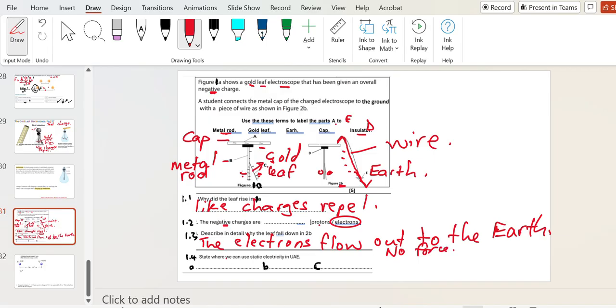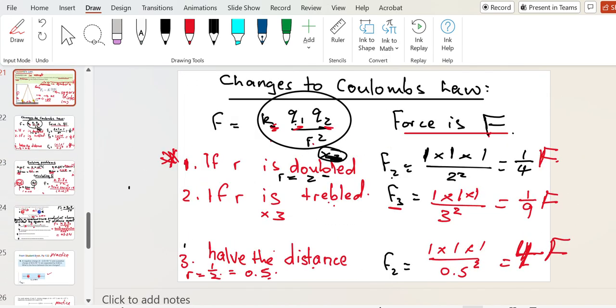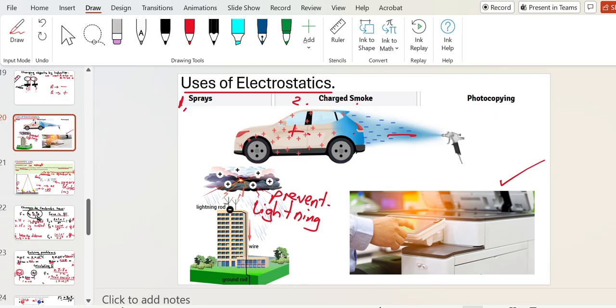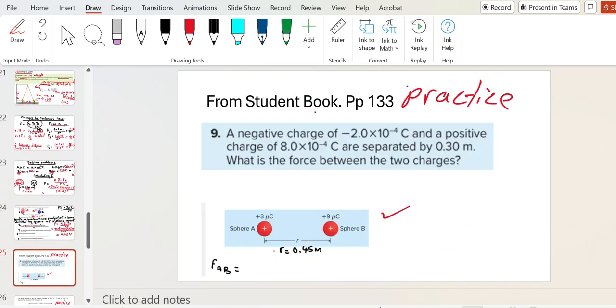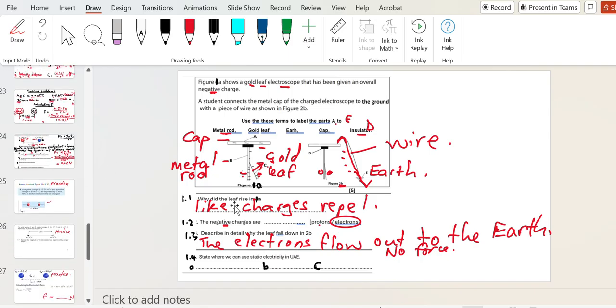State where we can use static electricity in UAE. I showed you here. Where can we use static electricity? In UAE, for spraying, removing smoke, photocopying, and lightning conductors. So where do we use this?